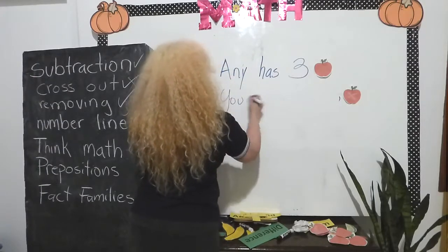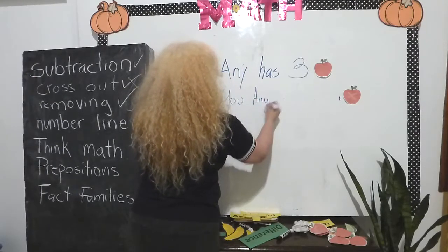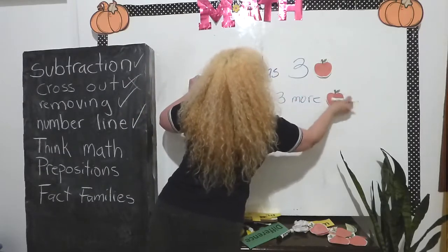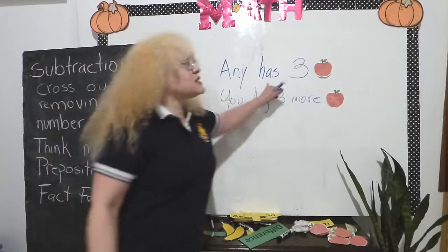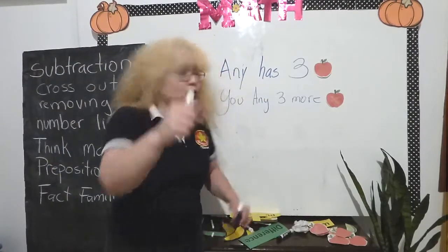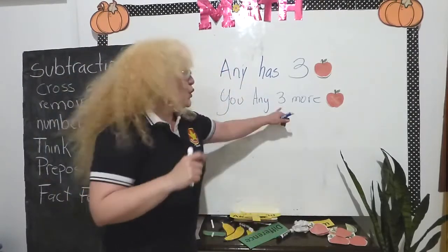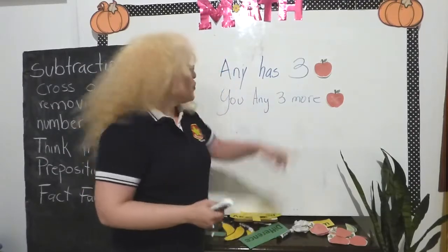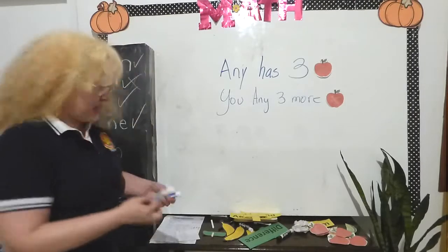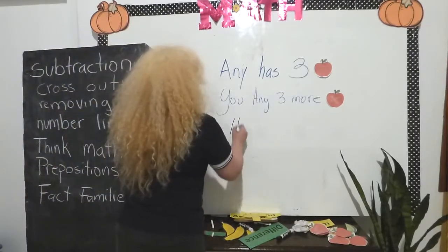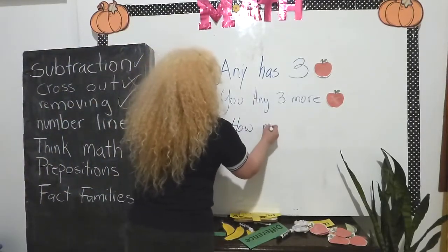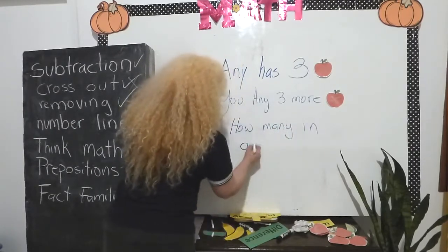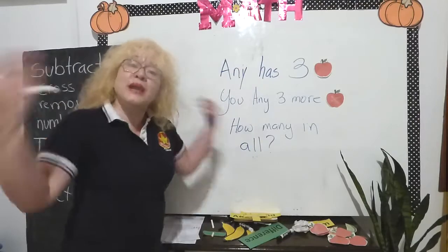Give me a second. 3 more. Okay, there you go. Annie has 3 apples, and you give Annie 3 more. How many in all?